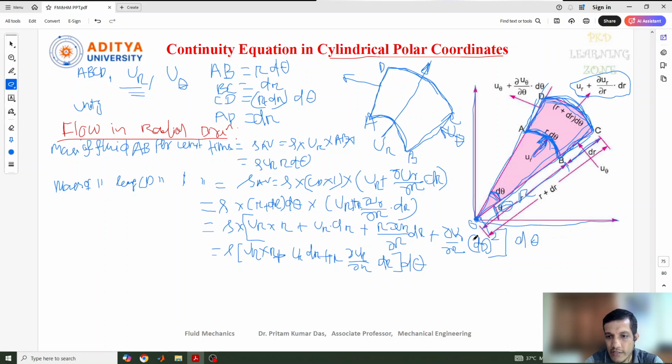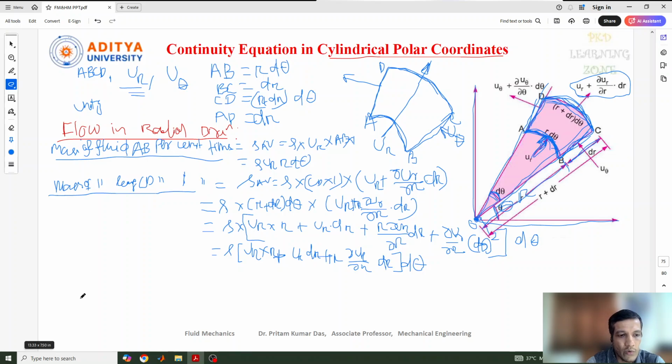This dr square term is very small, that's why I ignored it. So this is the mass of fluid through CD per unit time, and this is the mass of fluid through AB per unit time. This is leaving and this is entering.